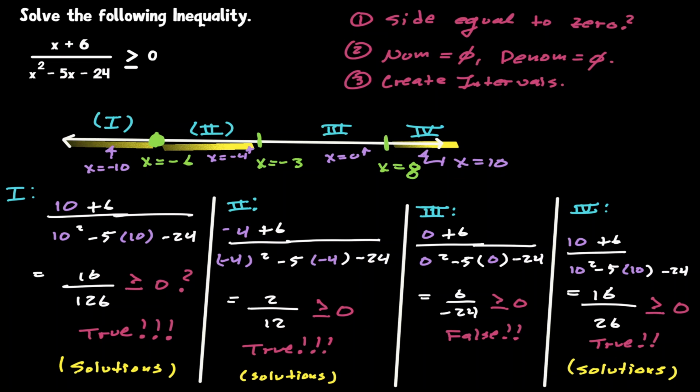Remember that the values x equals -3 and x equals +8 made our denominator equal to 0. So we cannot include those values in our solution set because that will give us 0 in the denominator, which is undefined.